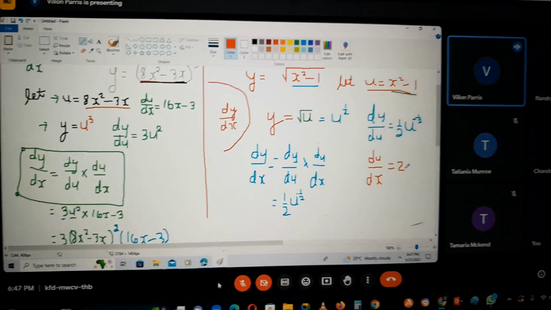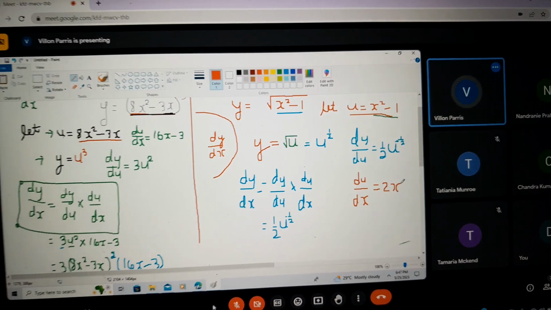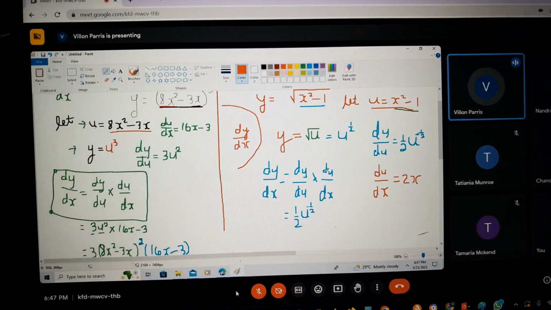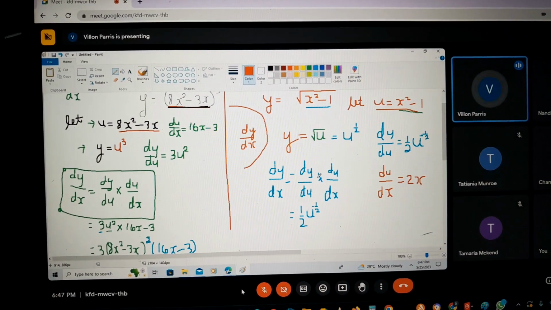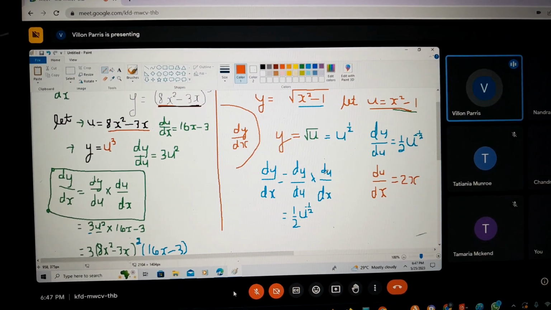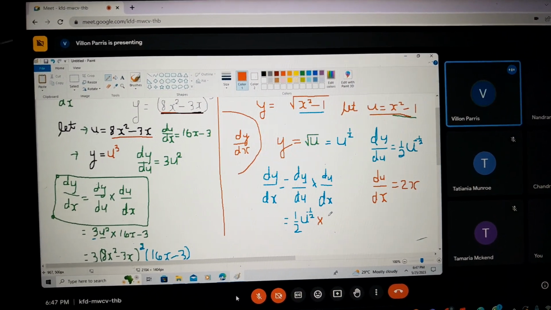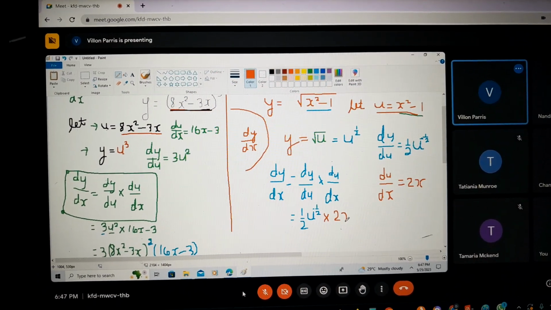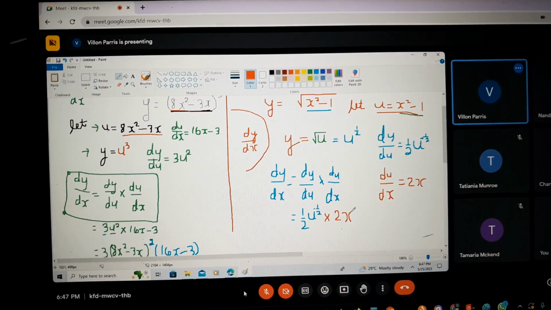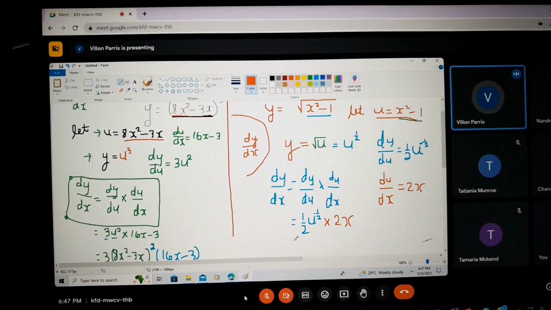Wonderful. So du dx is equal to 2x. Remember, it's dy du times du dx. So I'm multiplying now by du dx, which is 2x. And this is our answer for dy dx.